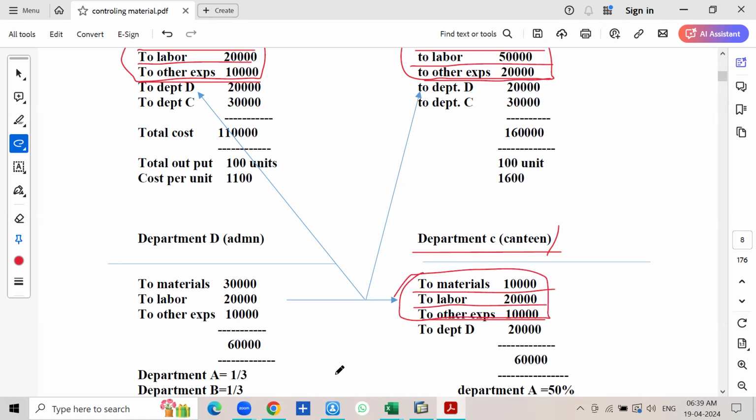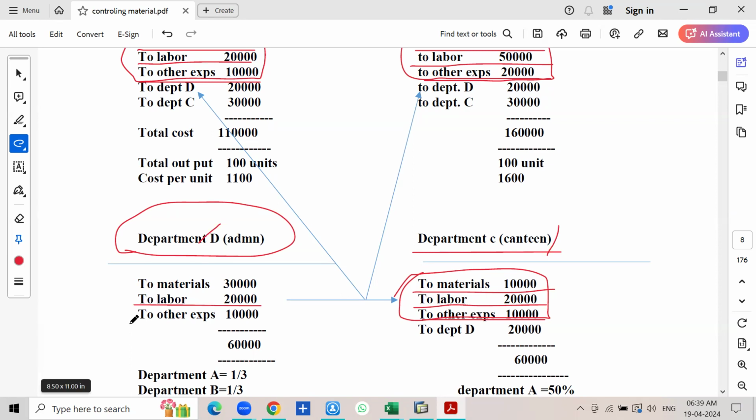Then in order to administer department A, department B, and department C, we have one department D, the administration department. In the administration department, we use some materials, which are directly posted to department D. Accountants, office boys, and other clerks work in the administration department, so the salaries and wages paid to those people is directly posted to department D. So to labor, 20,000.